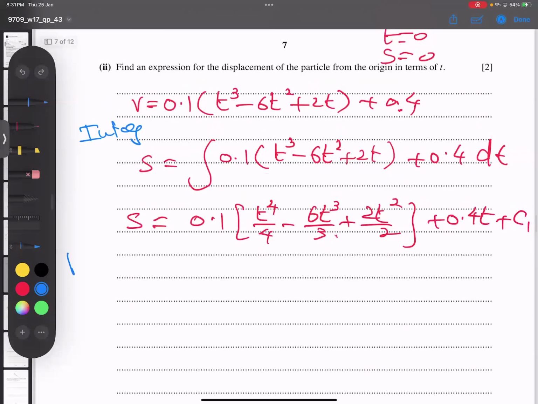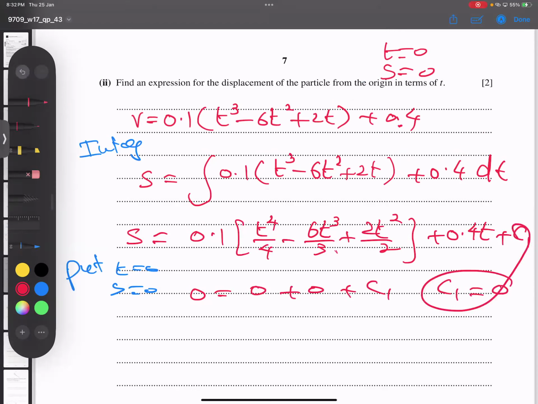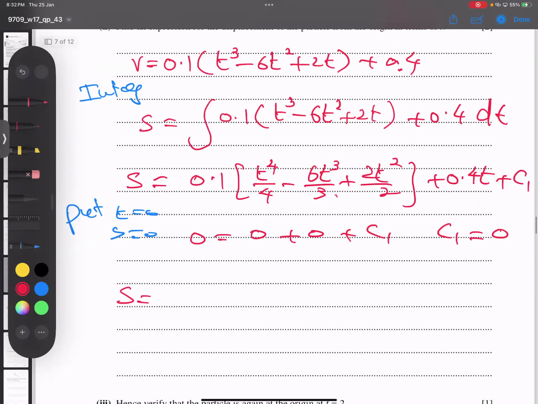Now I plug in t = 0, s = 0. When I plug in 0, everything goes, so c1 turns out to be 0. So the displacement expression is s = 0.1 (t to the 4 over 4 minus 2t cube plus t square) plus 0.4t.